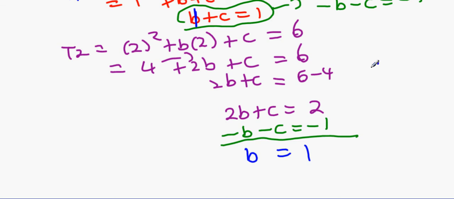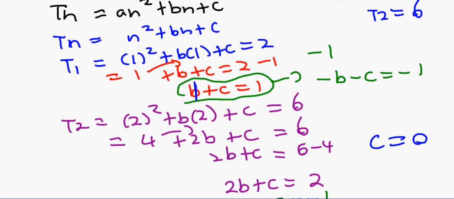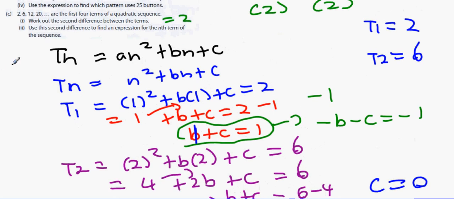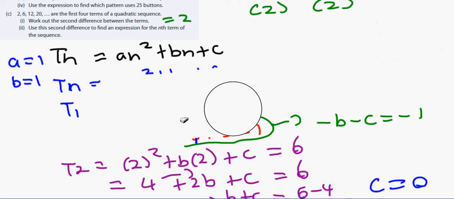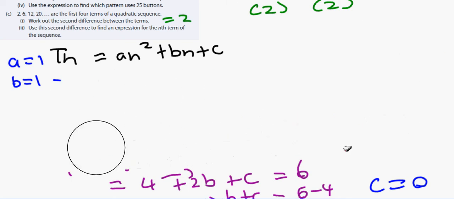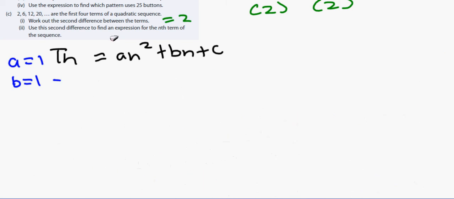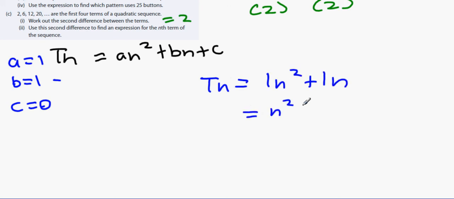And therefore what it means is, if we go back to the top, I know a equals 1, and I know b equals 1, and I know c equals 0. What I can say is that Tn is going to be 1n squared plus 1n, or n squared plus n. And what you have to remember is, what does Tn actually mean?